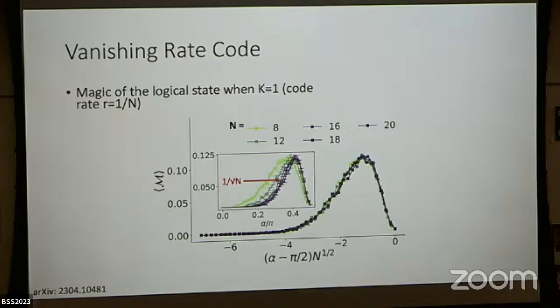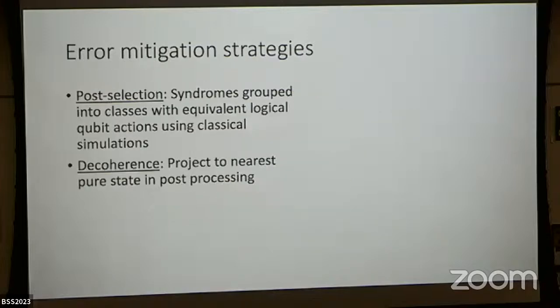And in this case it's only one logical qubit, and so I can do full state tomography with only 3 measurements, not a problem. So this second stabilizer Rényi entropy is something that we can measure. We do a couple of additions to that. The first one is that in this post-selection process, it's a single qubit, so there are only a certain number of actions that can happen on the logical qubit.